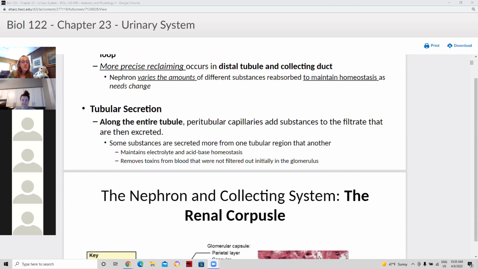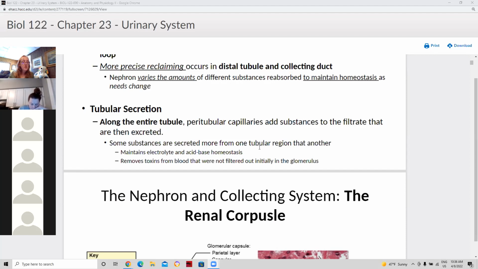Tubular secretion occurs along the entire tubule: proximal convoluted tubule, loop of Henle, or nephron loop, distal convoluted tubule, and collecting ducts. Peritubular capillaries, meaning they're surrounding the tubule, are going to add substances to the filtrate, which will then be excreted.